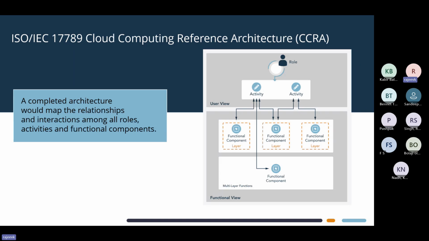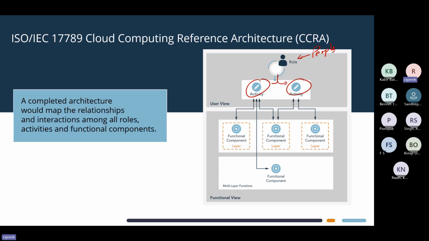Now the next thing, because in the previous slide it was written that we are looking for a user view, definitely all these things will come into the picture. Here it is basically mapping the role, which is one of the people. So this role is basically indicating a certain set of people. The activity is performed by the role.